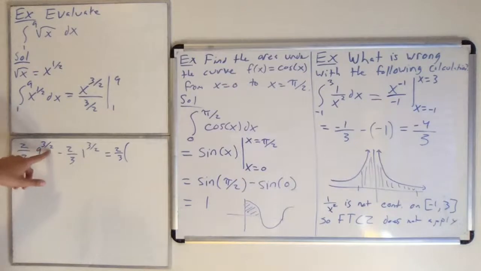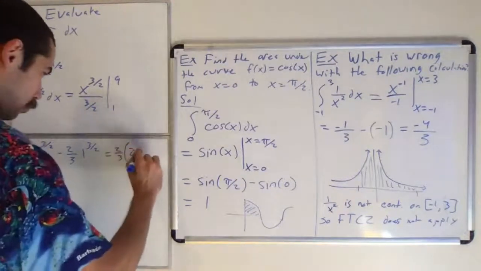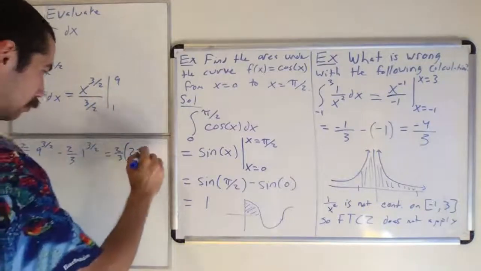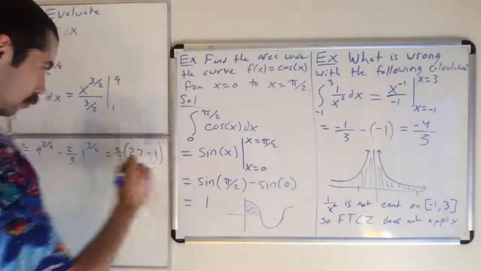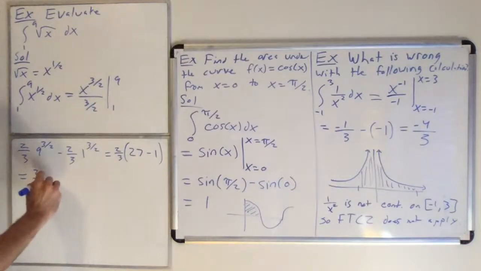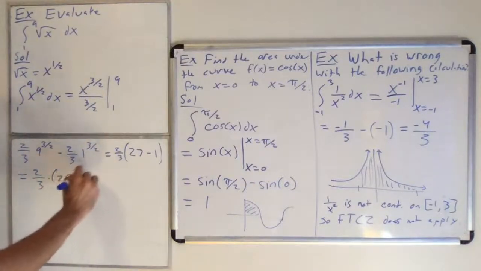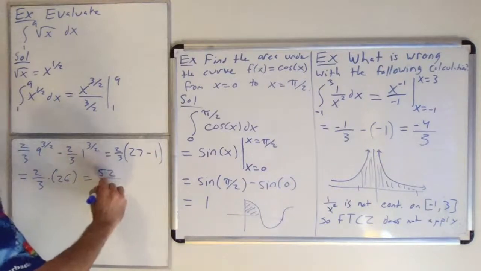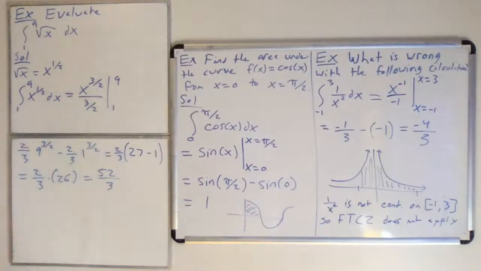Well, 9 to the 1/2 is 3, and 3 to the 3rd is 27. 1 to any power is 1. So we have 2/3 times 26, or 52/3.